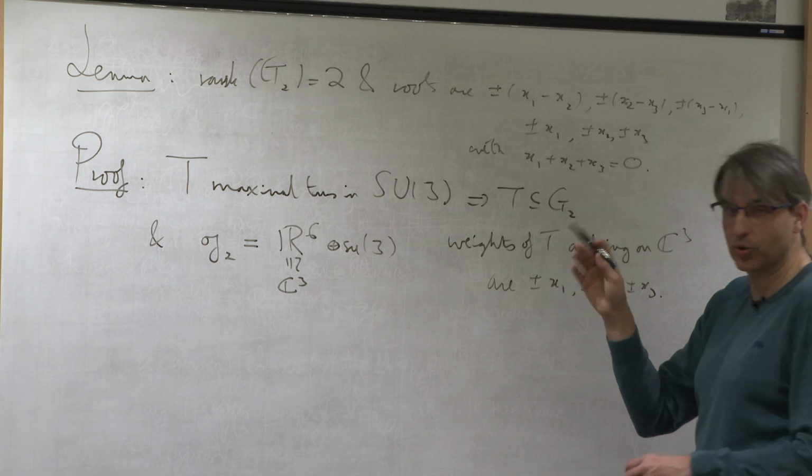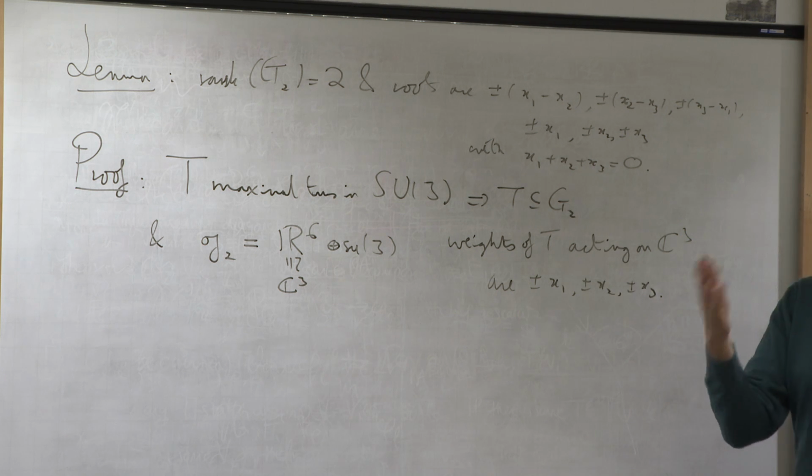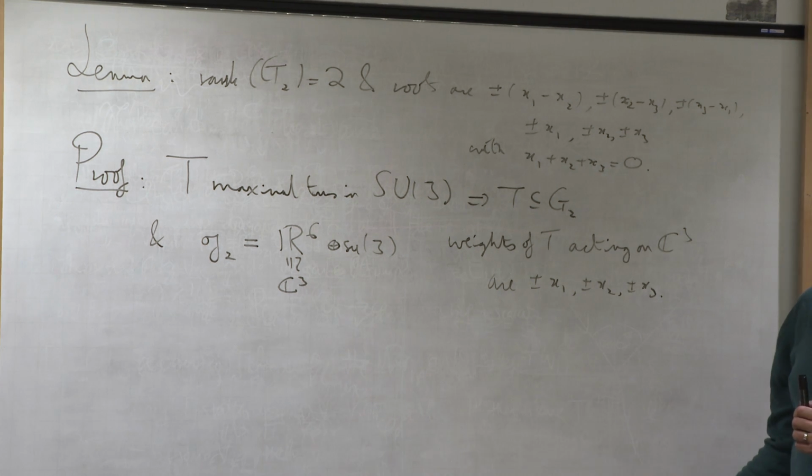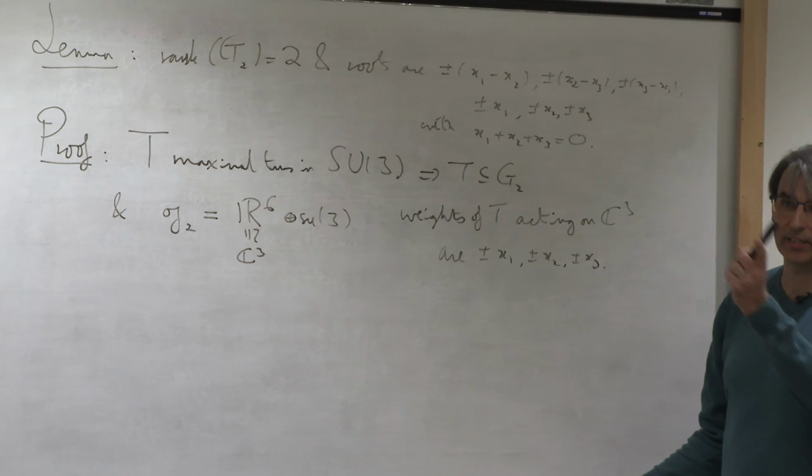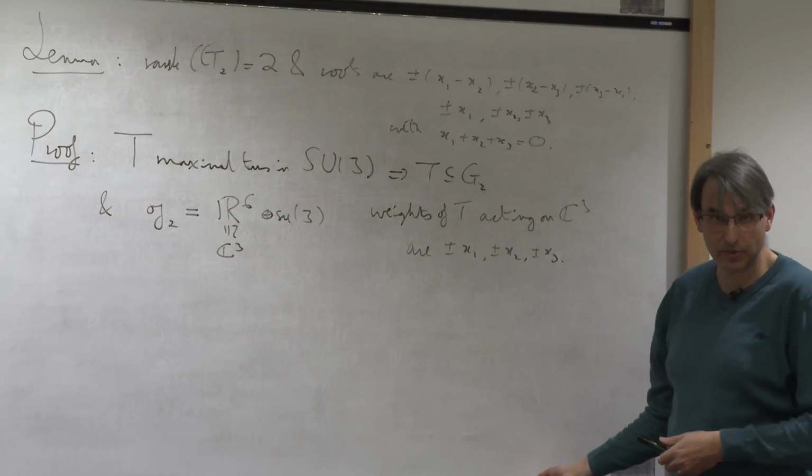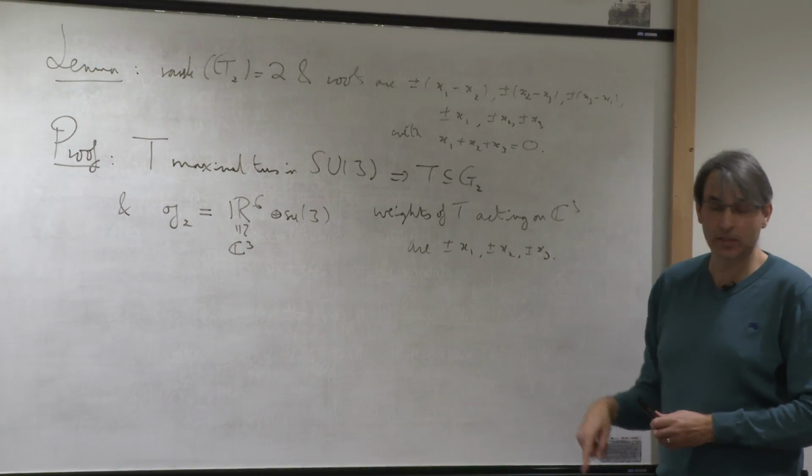So they're just the usual; it acts in the standard way on that C3, right? As e to the 2 pi i x1, e to the 2 pi i x2, e to the 2 pi i x3, diagonally.